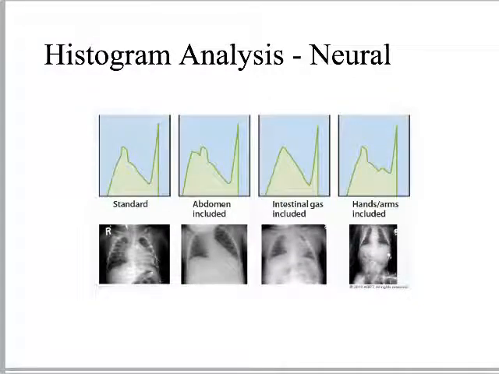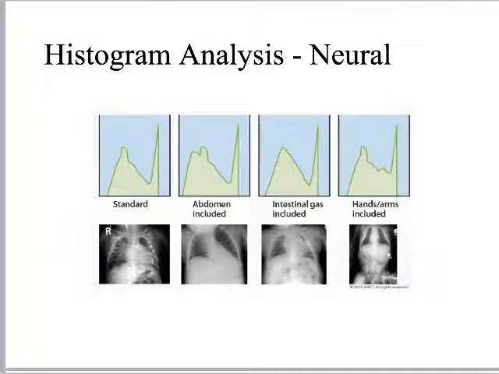Now, we can also be pretty fancy. And this is kind of the next level of histogram analysis, if we do what's called deep learning or machine learning. So rather than just telling the machine, you have to go off the lookup table, you could ask the machine to start to learn things.